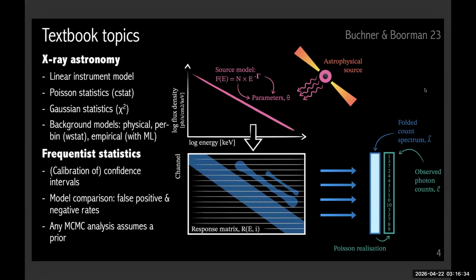And that story is covered in the first area I'm showing here as X-ray astronomy, where we go over this linear instrument model concept, as well as the different types of likelihoods and statistics you can use, whether it be Poisson statistics with CSTAT or Gaussian statistics with chi-squared.